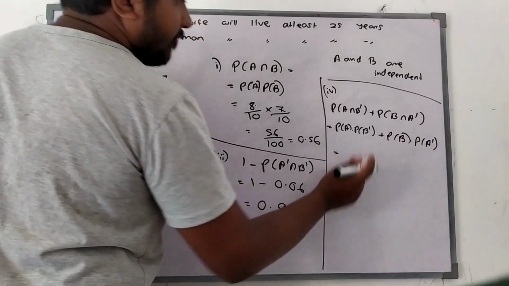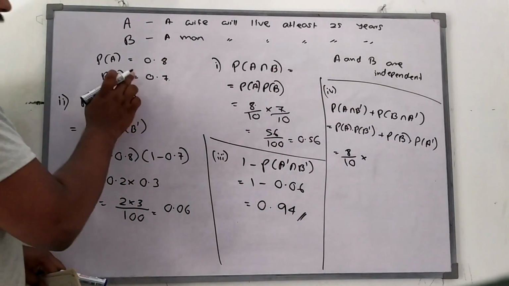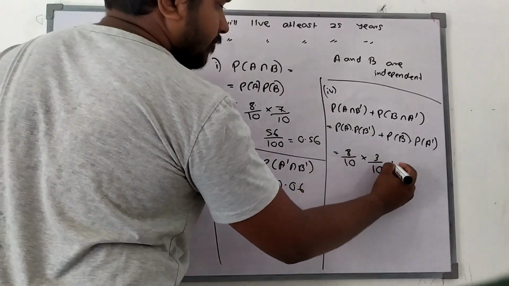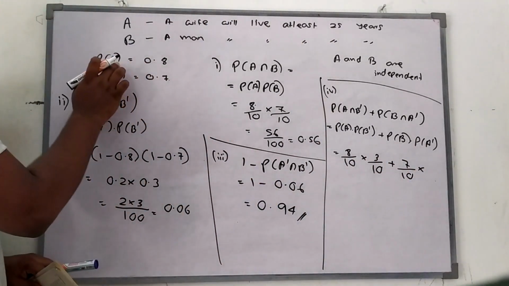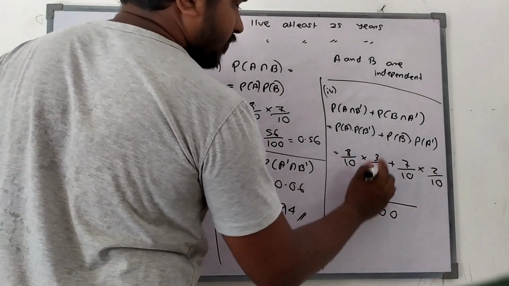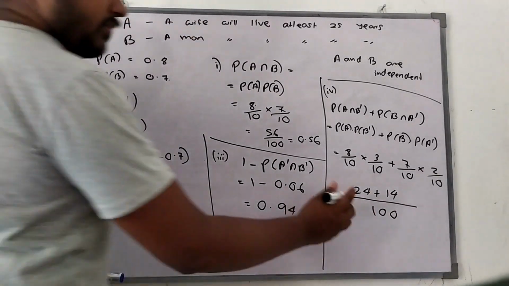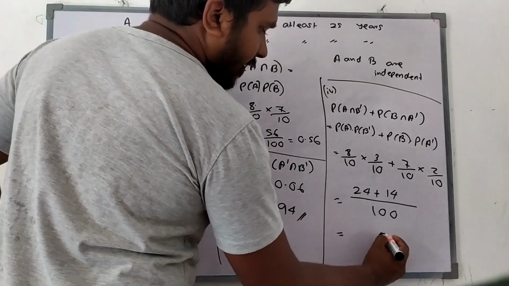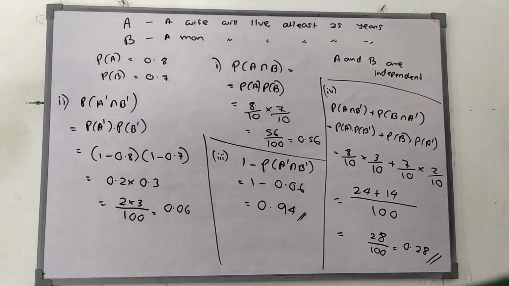P(A) means 0.8, P(B dash) means 3 over 10, P(B) means 0.7, P(A dash) means 2 over 10. So 24 plus 4, over 100, 0.28. This is the probability of living exactly one.